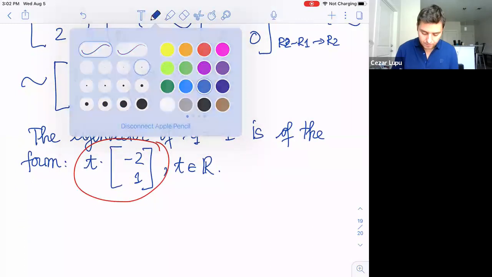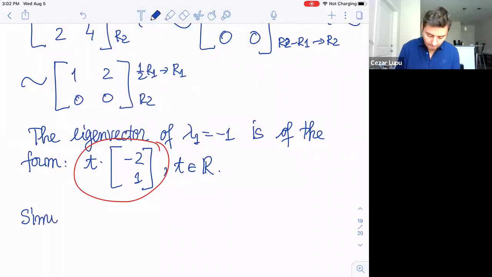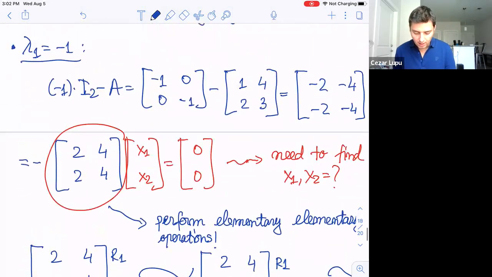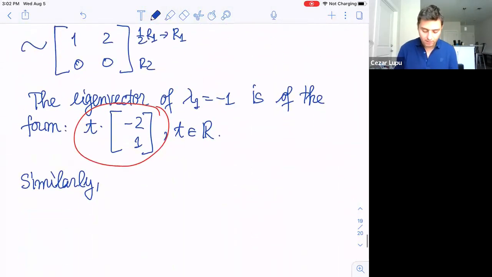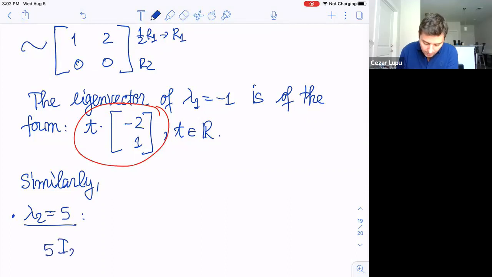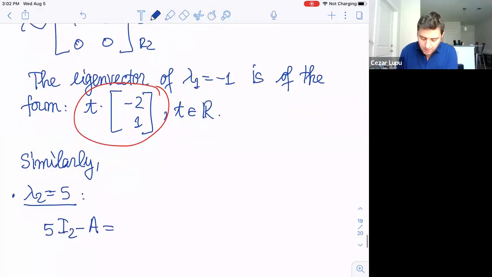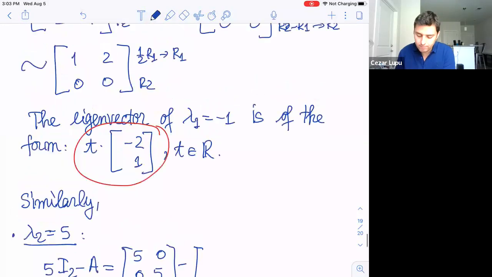Similarly, let's see the other eigenvalue, lambda 2 equals 5. In this case, we have the same thing, 5 times the identity minus A. This will be 5, 0, 0, 5 minus, what was the matrix A?